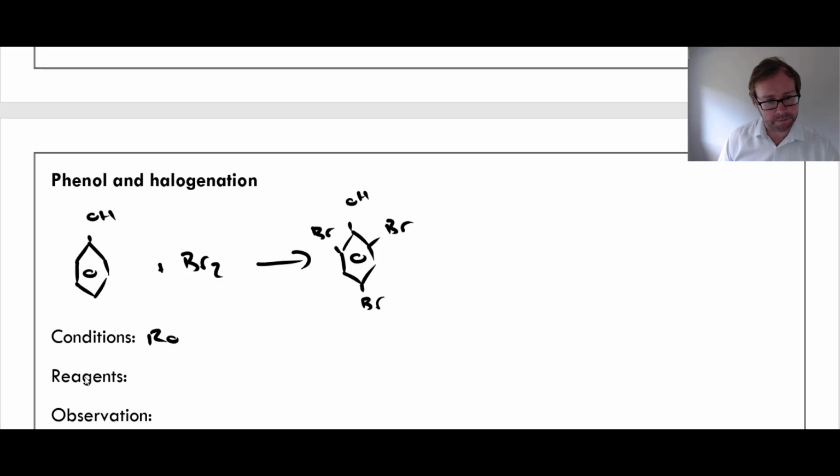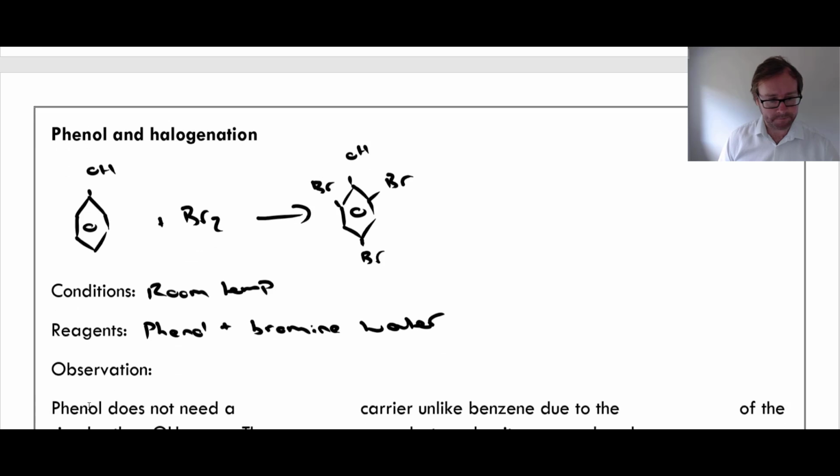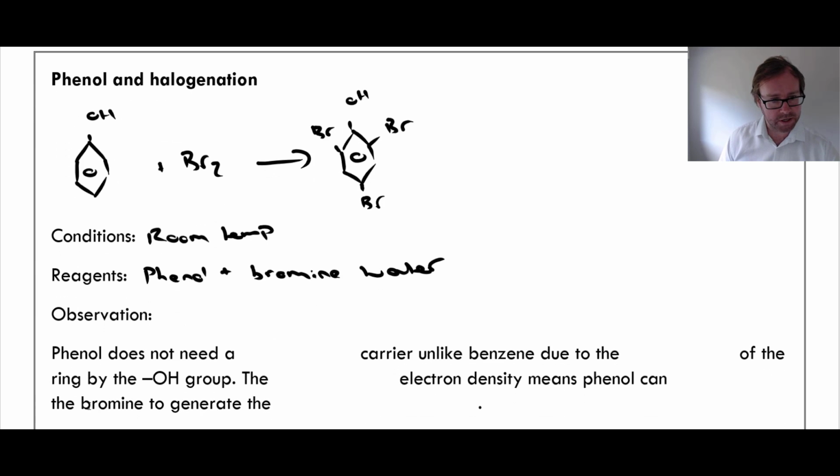Conditions: it happens at room temperature. The reagents are phenol and bromine water. So this bromine is aqueous, and the observation, we see a white precipitate. So this is actually a qualitative test to work out whether a solution contains phenol. We have bromine water, and if we get a white precipitate, it means that phenol is present.